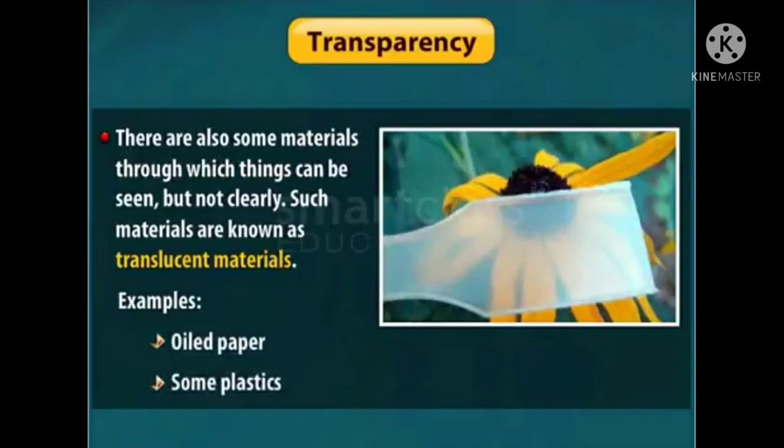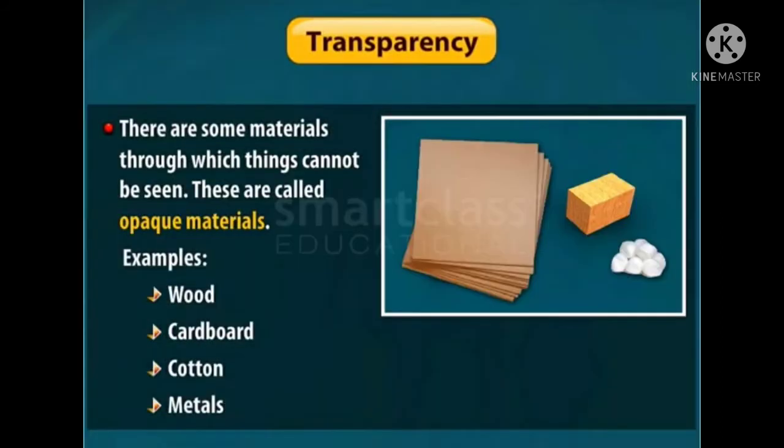Such materials are known as translucent materials. Examples: oiled paper, some plastics, etc. Another type of materials are those through which things cannot be seen. These are called opaque materials. Examples: wood, cardboard, cotton, metals, etc.